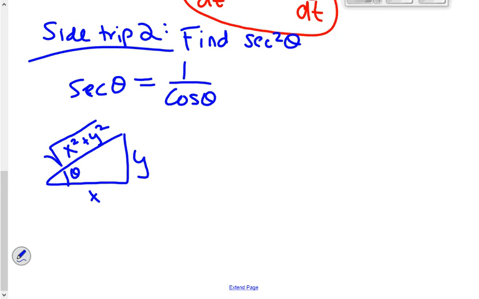Not y. Okay, so this is going to be x over the square root of x squared plus y squared.